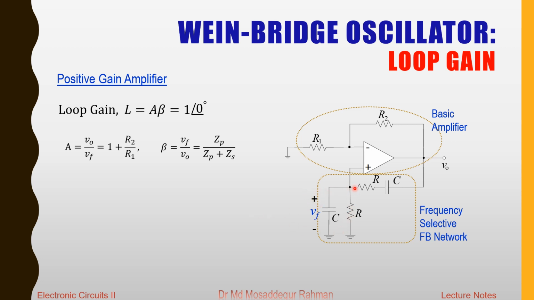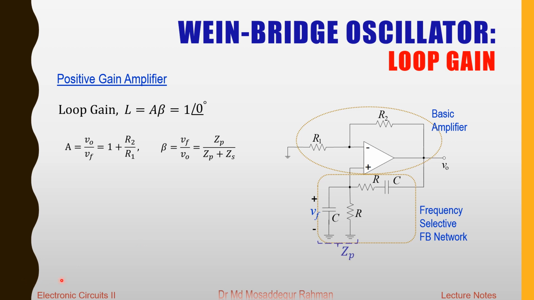Now the RC circuit here just works like a voltage divider. You can see that this R and C are in series, connected between the output node and the non-inverting input terminal, and then at the input terminal we have the R and C in parallel.